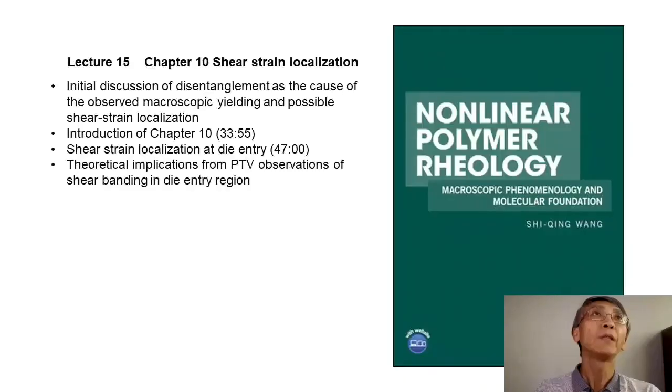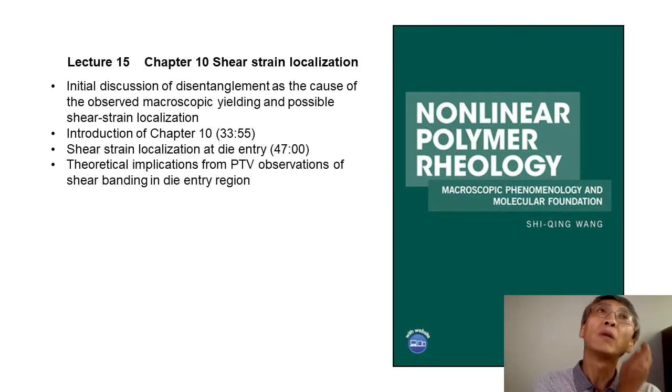Hello everyone. Today, in lecture 15, I would like to start to give you a sense of what disentanglement means in our mind and what is its consequence, which is presumably to produce the observed yielding behavior and possibly strand localization.